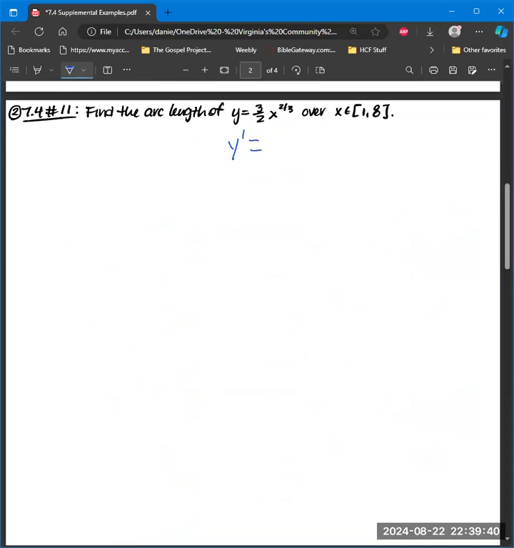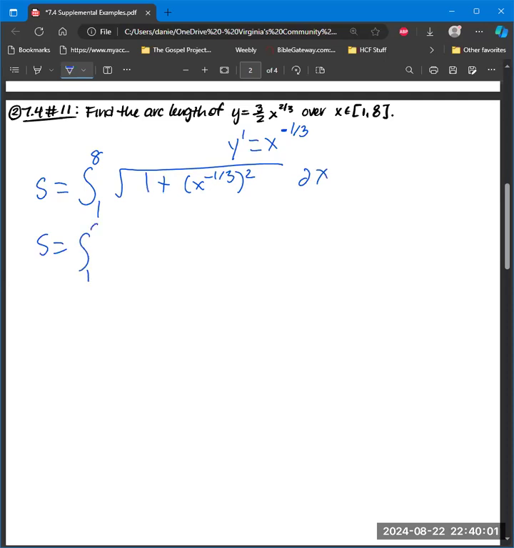So I'll need y prime, which is going to be x to the negative 1/3. So s is going to be the integral from 1 to 8 of the square root of 1 plus x to the negative 1/3 squared dx.